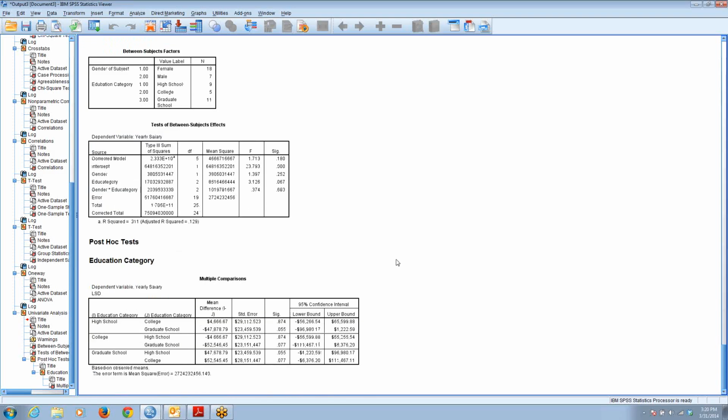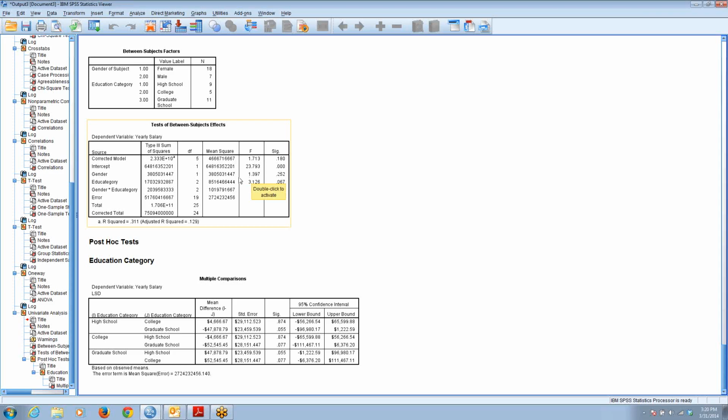Now what we have here is, first of all, please don't get overwhelmed. We have a bunch of F values. The first thing to do, though, is to just ignore these up here and go to gender.